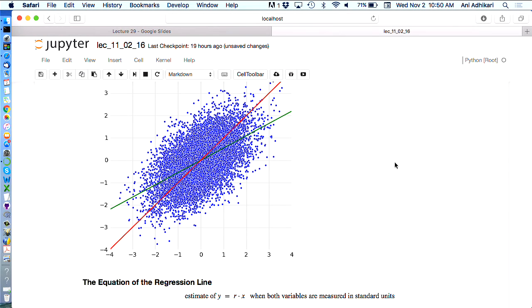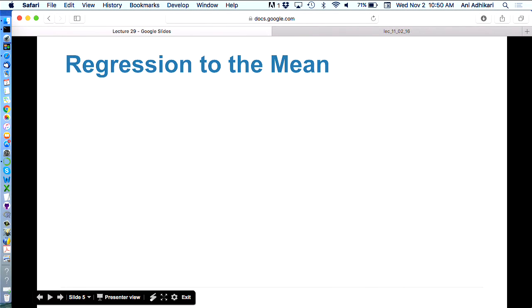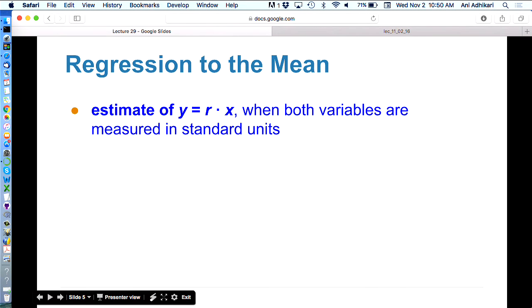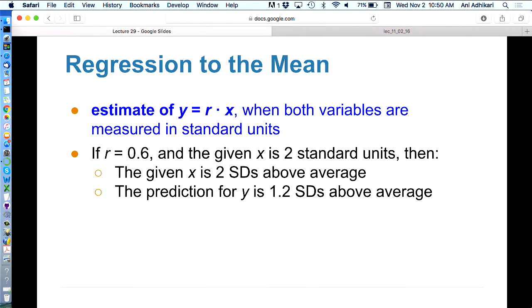Just to check that we know how to use this line, that's the equation that we just wrote. Example of use: if r is 0.6 and I tell you somebody was 2 SDs above average in x, then your prediction is 1.2 SDs above average in y. Why 1.2?